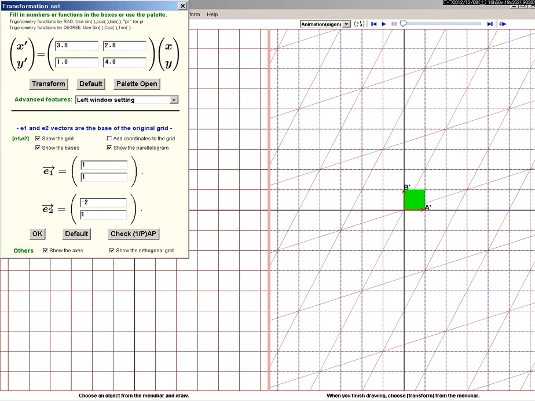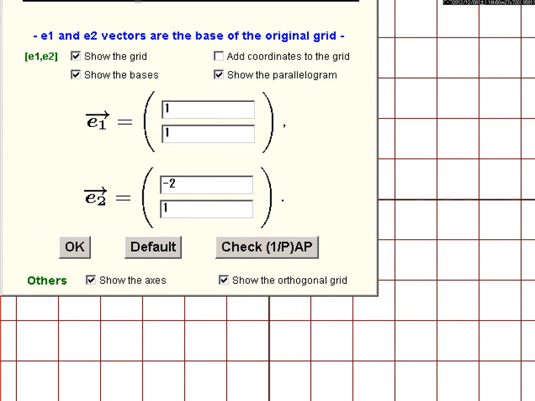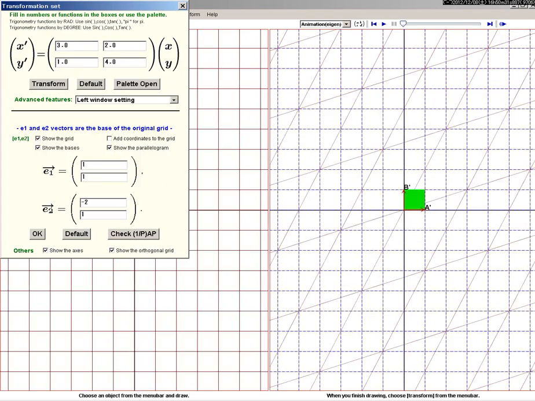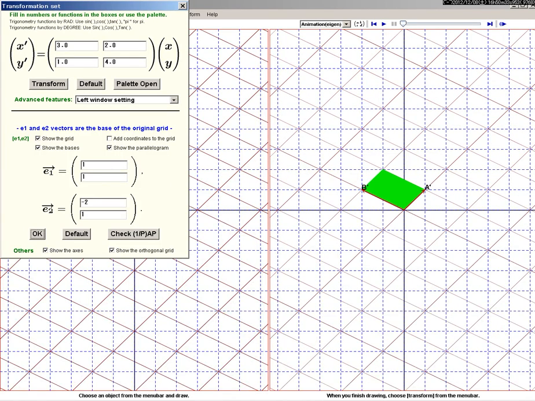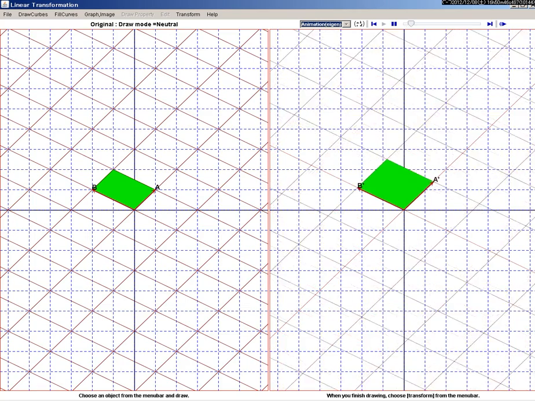I'm going to change the vector E2 from (2, -1) to (-2, 1). (-2, 1) is also an eigenvector. And press OK. So now the base is (1, 1) and (-2, 1). And we're going to transform this.